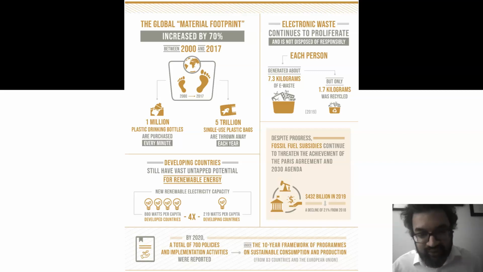These fall under the 10-year framework of programs on sustainable consumption and production, ratified by and agreed upon, with policies implemented by 93 countries and the European Union. So this is, in summary, what entails Sustainable Development Goal number 12.